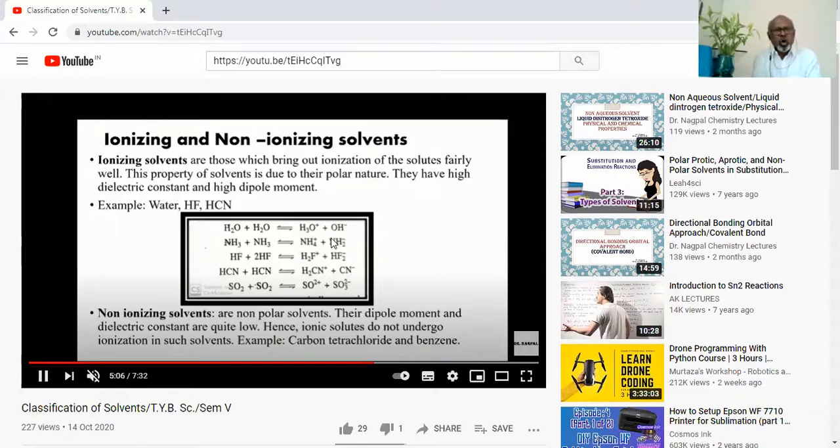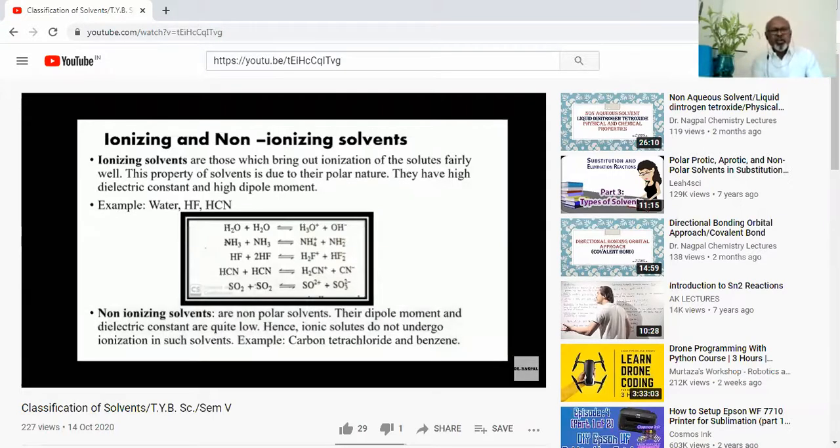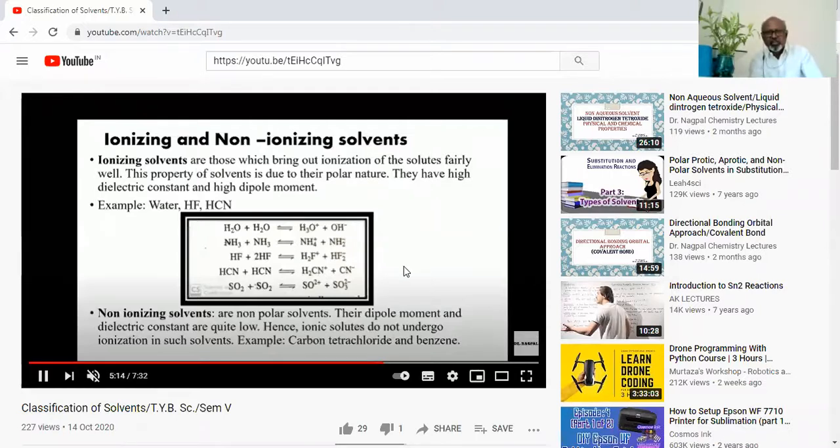Now, the non-ionizing solvents. The basic characteristic of these solvents is that they are non-polar. That means they do not contain any positive or negative poles, and hence are regarded as non-polar solvents. Their dipole moment and dielectric constant are also low. That means they are unable to dissolve any solute.